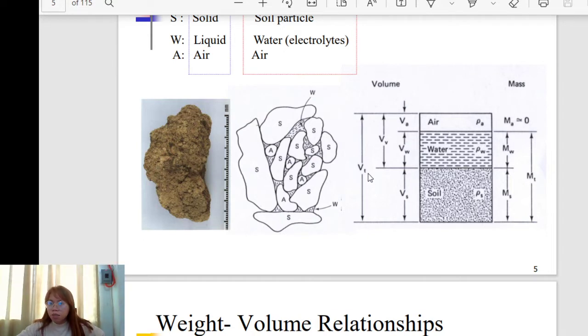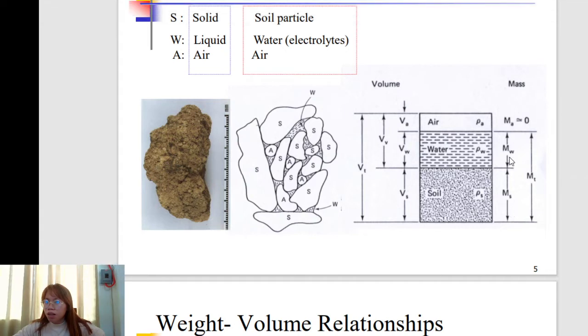While this V sub T is the total volume, which includes the volume of the soil, the water, and the air. In terms of mass, we have M sub S, the mass of the soil. The M sub W is the mass of the water. And the mass of the air is approximately equal to 0, or negligible. So the total mass is only the mass of the soil and the mass of the water.